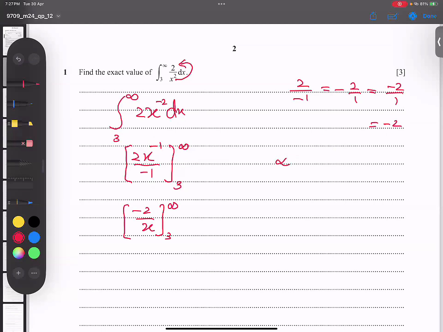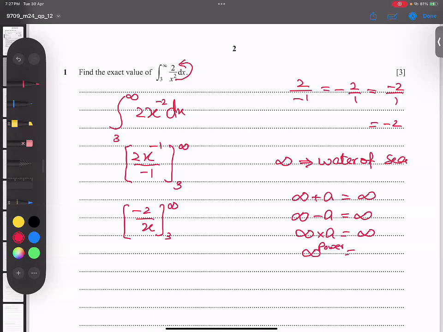Actually, infinity I treat as the water of a sea. If I add some water inside the water of a sea, it remains a sea. If I take a bucket of water outside a sea, it remains a sea. If I multiply something, it remains the same. Even if I take any power, it remains the same.